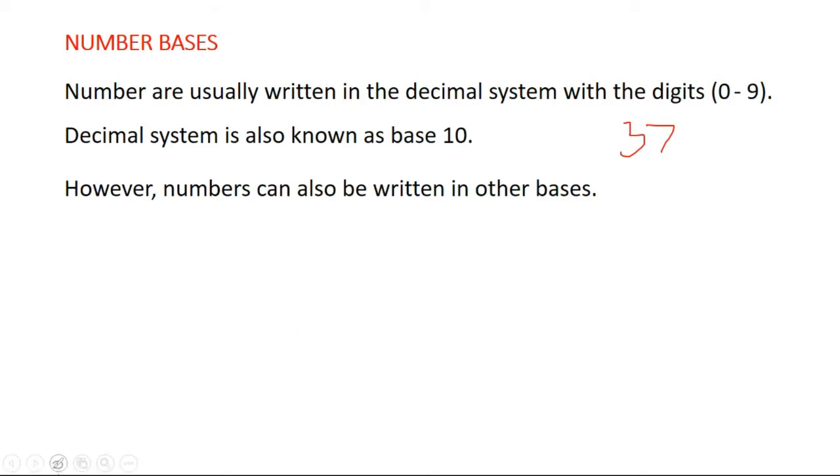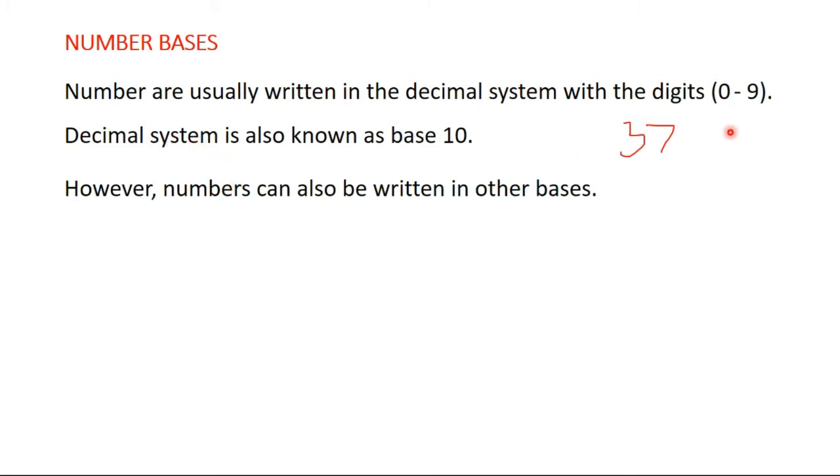If you pick the number 37, we can see that we got 37 from the digits 0 to 9. So 3 is within this range and 7 is also within this range. Now 37 here is written in base 10. That is the usual practice that we do. Base 10 is also known as the decimal system.